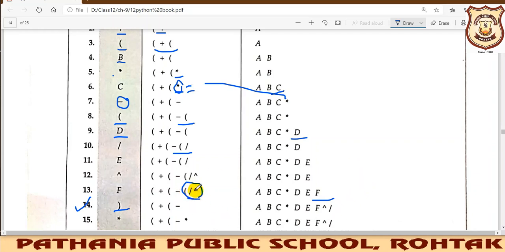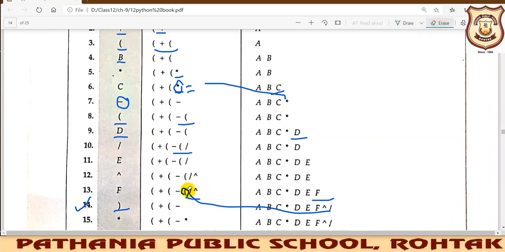Firstly the exponential will go and then the division operator will be shifted. The closing bracket and the starting bracket should not be part of your expression. I hope it is clear.